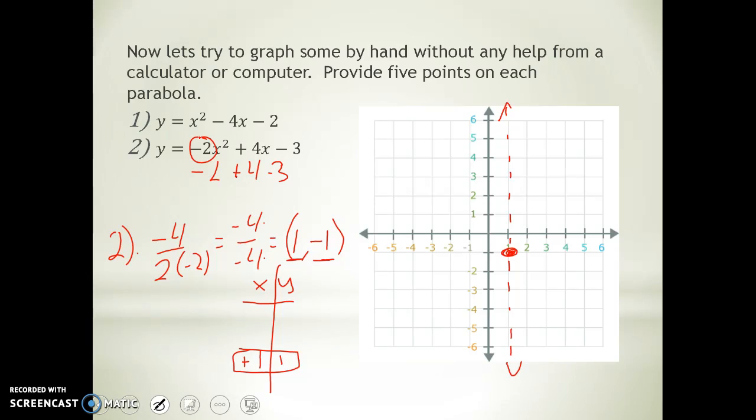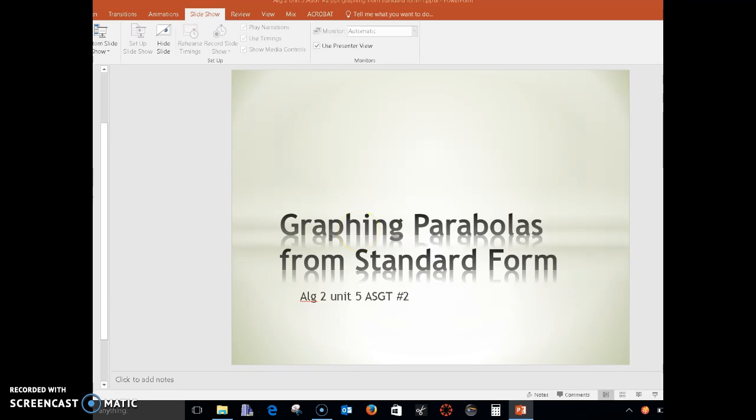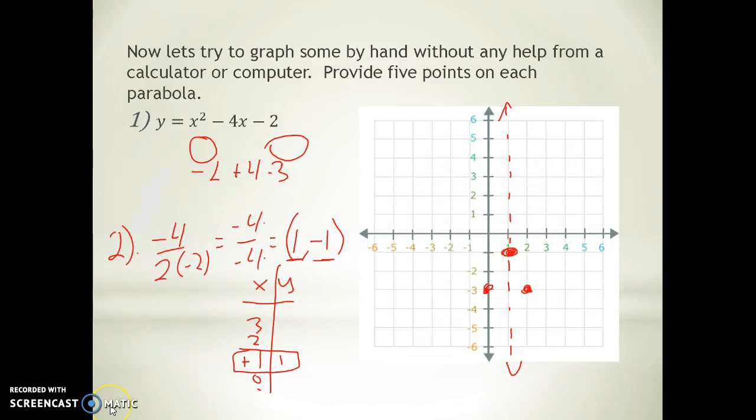I could find the y-intercept is negative 3 because if I plug in 0, I get negative 3 here. And because I know that is a point on my graph, I also know this is a point on my graph because they're reflections of each other. And so if I were to plug in, let's say here's 2 and here's 3 and here's 0 and here's negative 1, if I plug in a 0, I get negative 3.